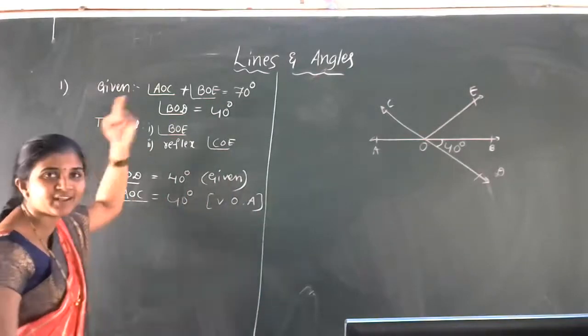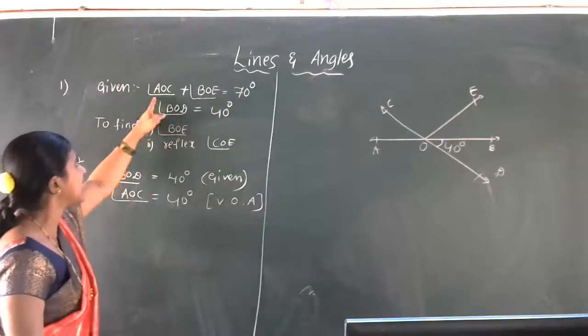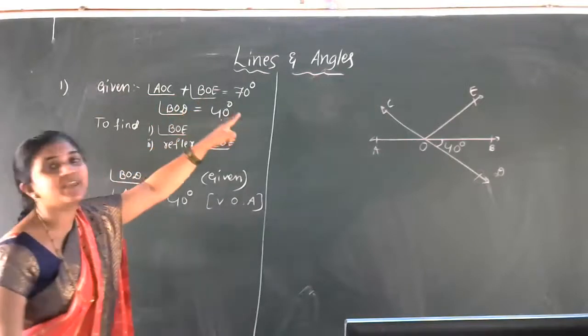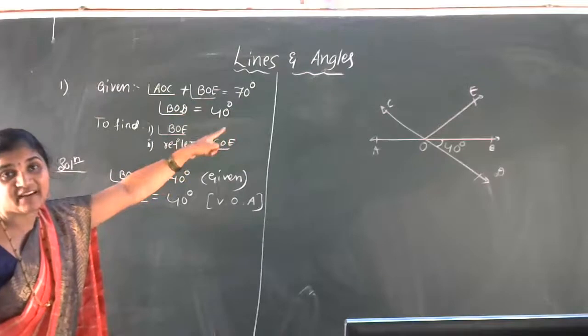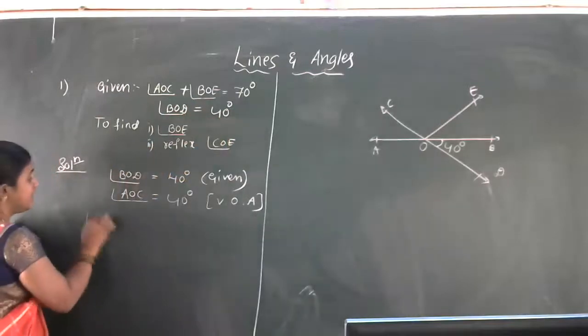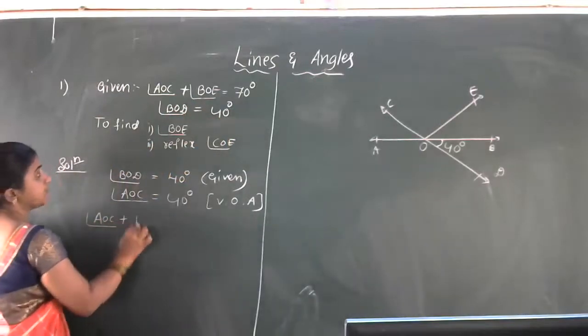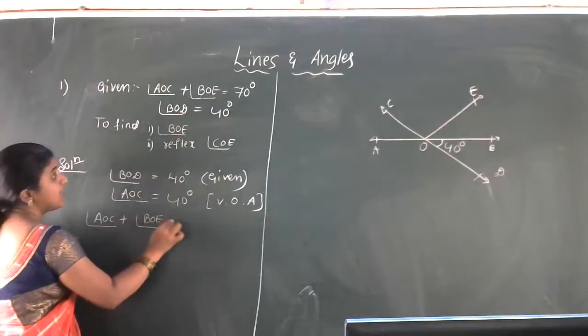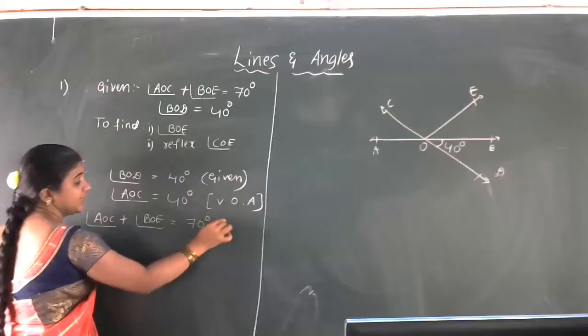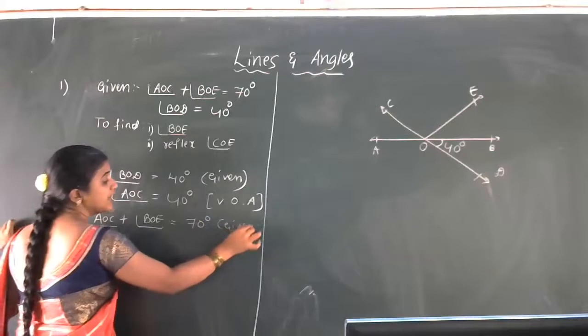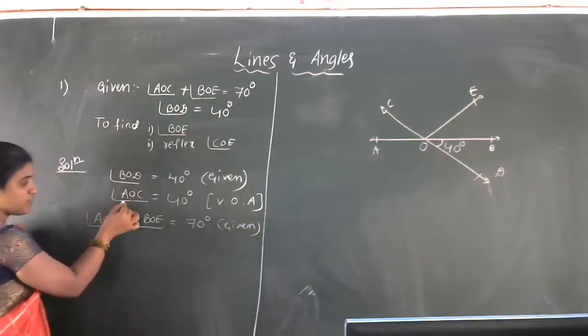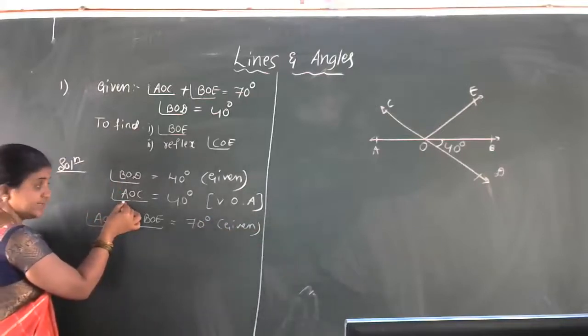Now, one more given data we have to take. Angle AOC plus angle BOE is equal to how much? 70 degrees. Angle AOC plus angle BOE is equal to 70 degrees. It is also given data. Just now we got the answer for angle AOC, 40 degrees.